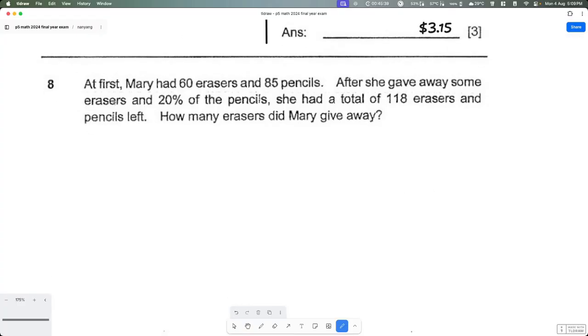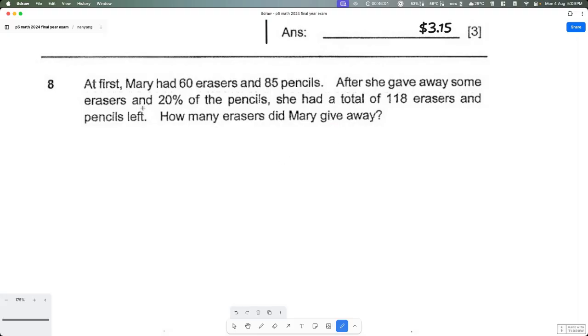Question number 8. At first, Mary had 60 erasers and 85 pencils. After she gave away some erasers and 20% of the pencils, she had a total of 118 erasers and pencils left. How many erasers did Mary give away?